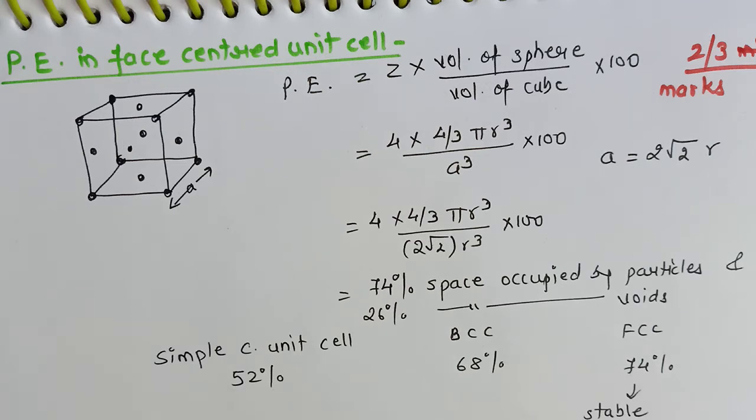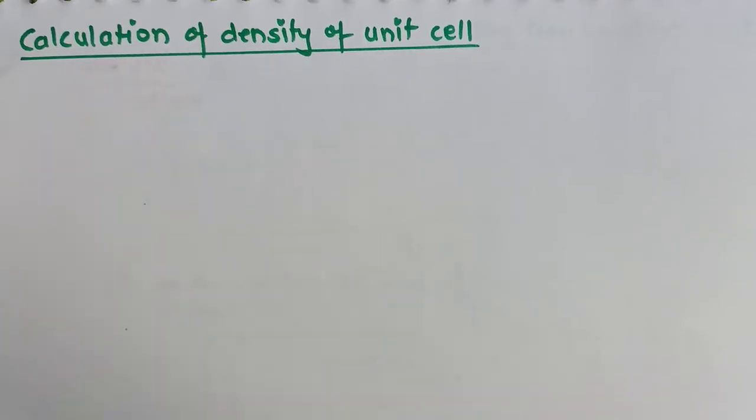Because the packing efficiency will decide the total volume of the unit cell or the density of the unit cell. As the volume occupied changes, the density also changes, and therefore we have to calculate the density of a unit cell. So due to different percentage of packing efficiency, the density of every unit cell differs.